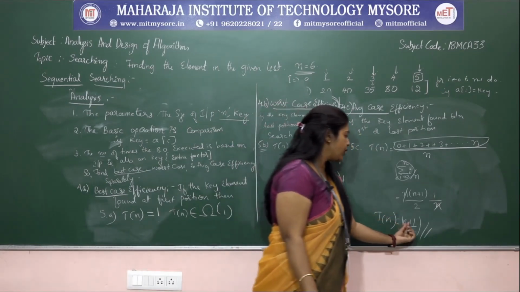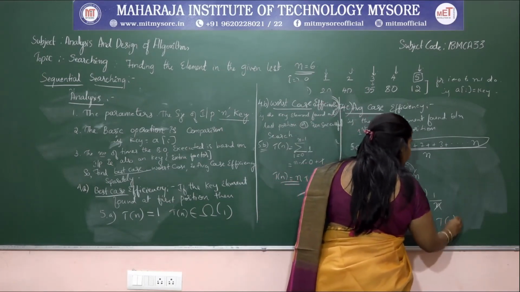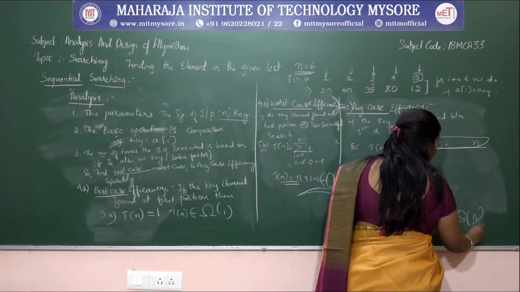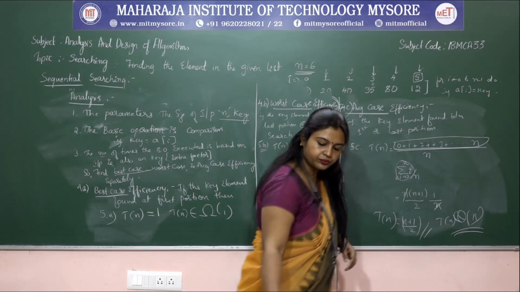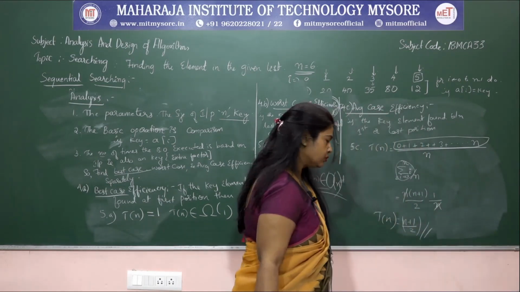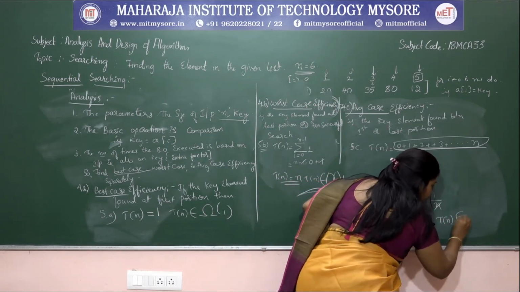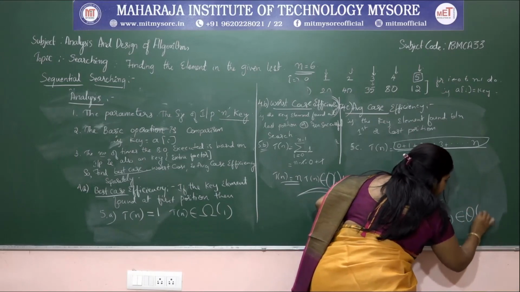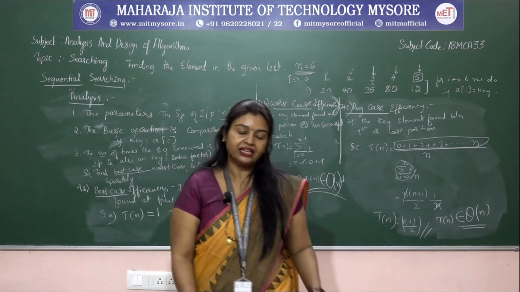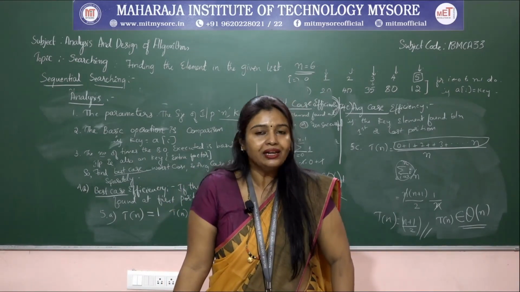So T of n is equal to n plus 1 divided by 2, which we can also say belongs to big theta of n, which is approximately equal to n times. Within that n only, your number of iterations will come.